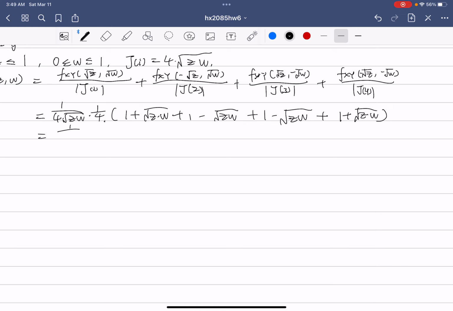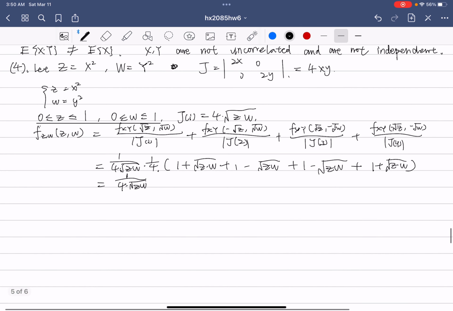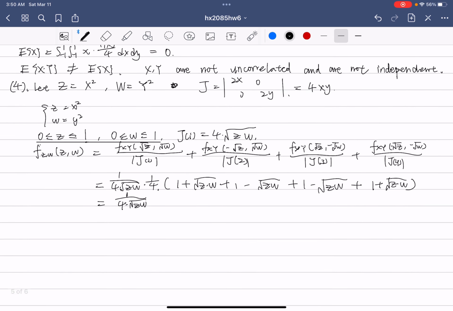The result is 1 over 4 root zw, on the range of z larger than or equal to 0 and less than or equal to 1, and this is w's range.